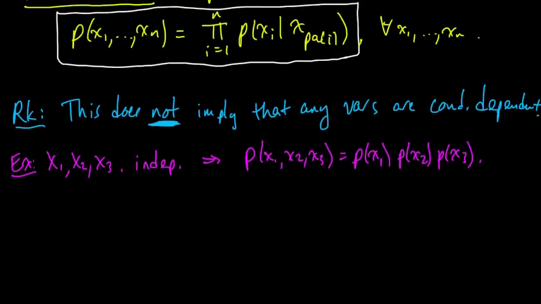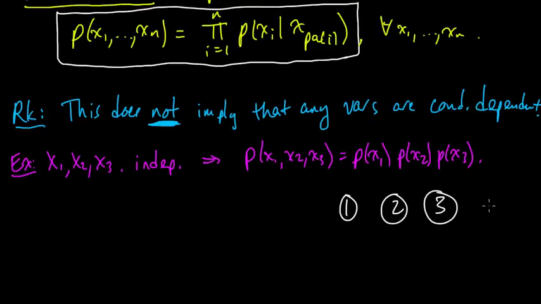So, what would be a graph that this factorization would respect? If we took the graph with 1, 2, and 3, one node for each variable, we don't need to put any parents for 1, because it's not conditioned on anything, and the same for 2 and 3.